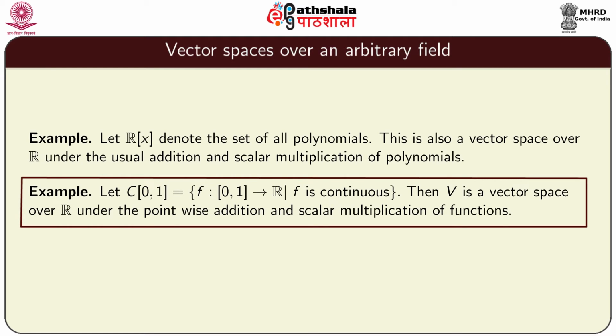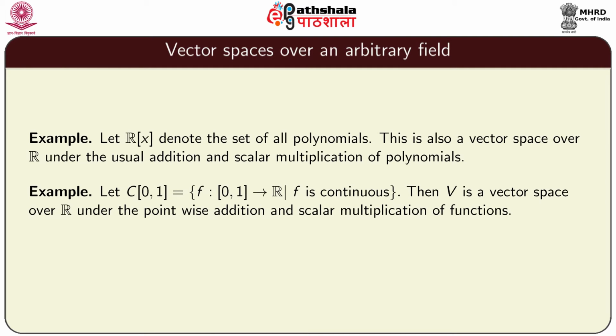Once again, we can define the pointwise addition and scalar multiplication of functions, and these are the basic theorems in calculus, that if you have two functions f and g which are continuous, then f plus g is continuous, and also lambda f is continuous. Once again, a very nice vector space structure over the field of real numbers, which is not difficult to check.